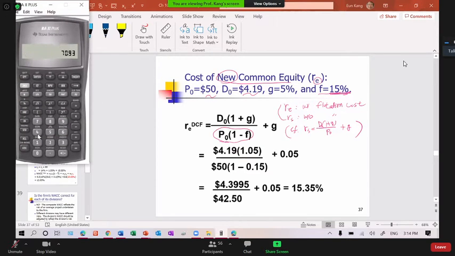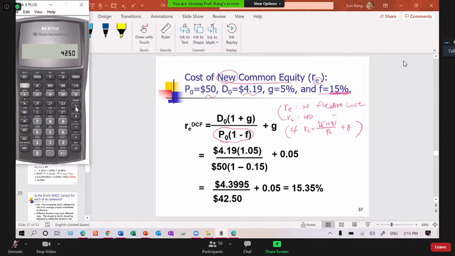So 44.19 times 1.05 is 46.40, and divide by 50 times 1 minus 0.15, which is 0.85, so 42.50.